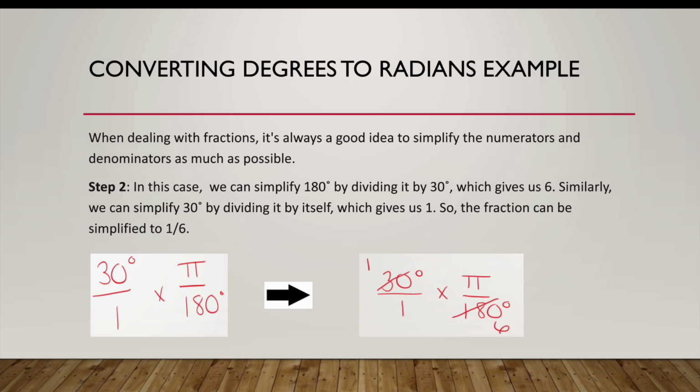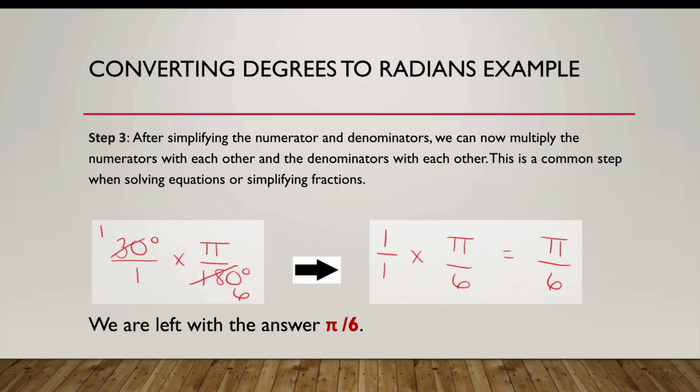So the fraction can be simplified to 1/6. After simplifying the numerator and denominators, we can now multiply the numerators with each other and the denominators with each other. It's a common step when solving equations or simplifying fractions. And we are left with the answer pi over 6 as our final answer.